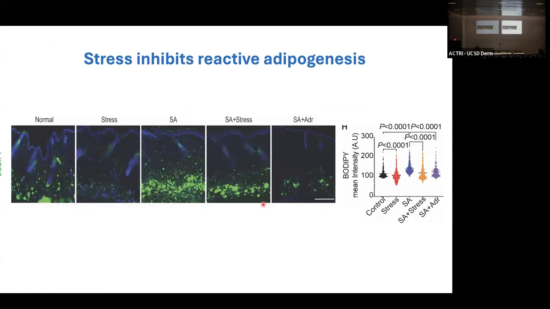What's the end? So the next thing he looked at is when he started examining the skin morphology during infection and the histopathology, we saw that the fat layer really changes a lot during infection and stress. In just a normal mouse without any infection at all, stress actually shrunk the fat, which is stained here by a lipid staining dye in green.